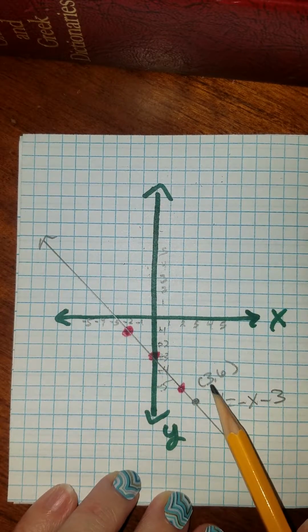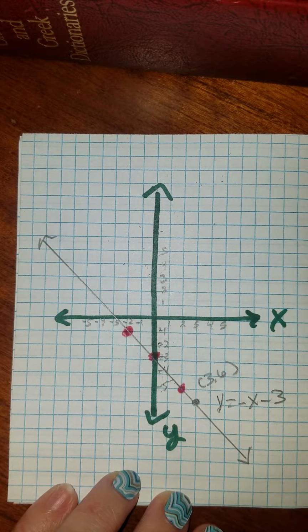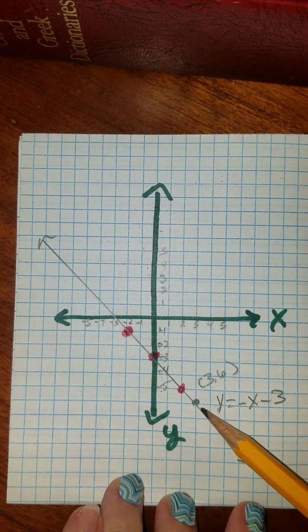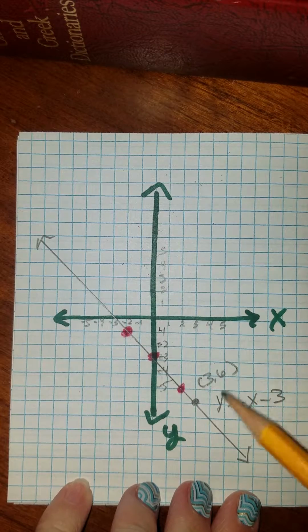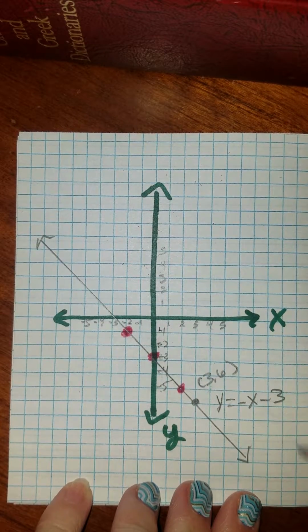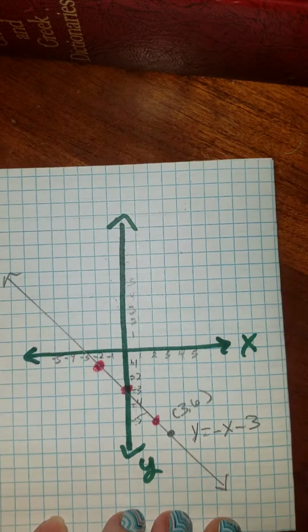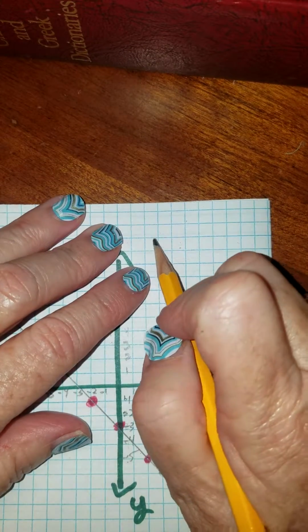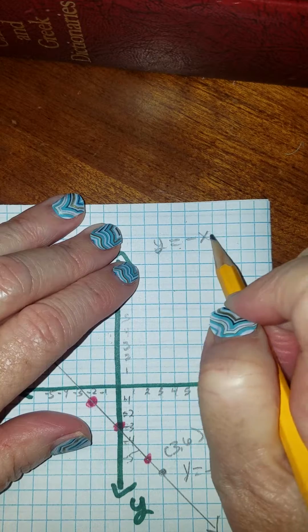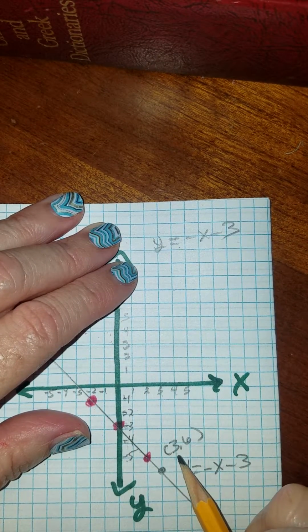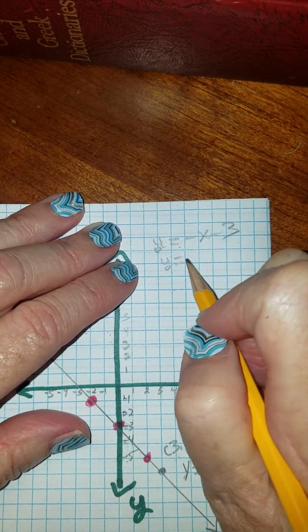So I'm going to plug in 3 and 6 just to show you, and this is not what you have to do in graphing, but just to show you that any point on this line is going to give me a true statement. So I'm going to take the equation, I'm just going to write it up here. y equals a negative x minus 3. I'm going to substitute 3 in for x.